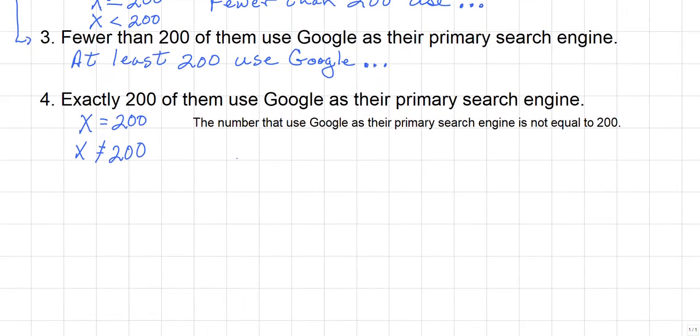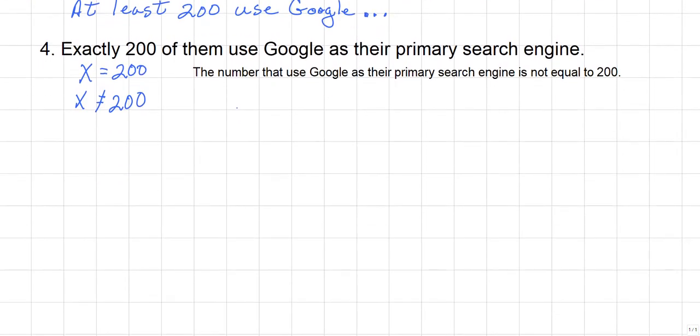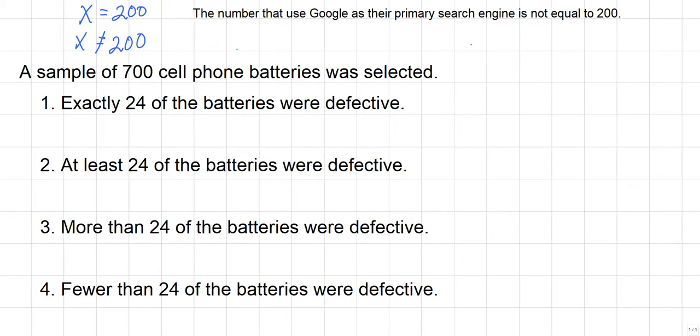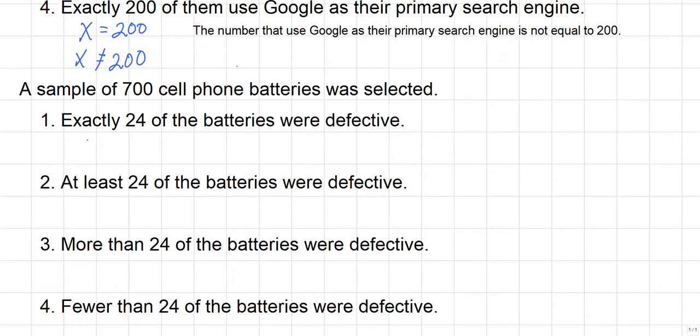Okay, we're going to do a few more. So a sample of 700 cell phone batteries was selected. We're going to go ahead and find the complement of each one of these statements. The first statement, exactly 24 of the batteries were defective, i.e., X equals 24, means that the complement is the number of defective batteries was not equal to 24.